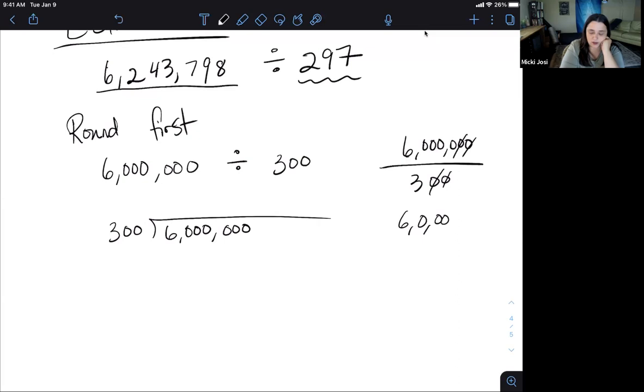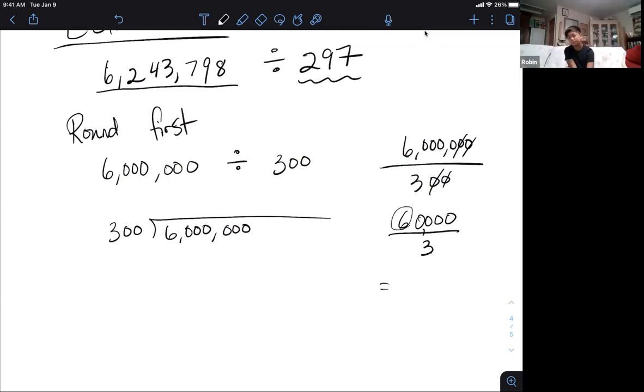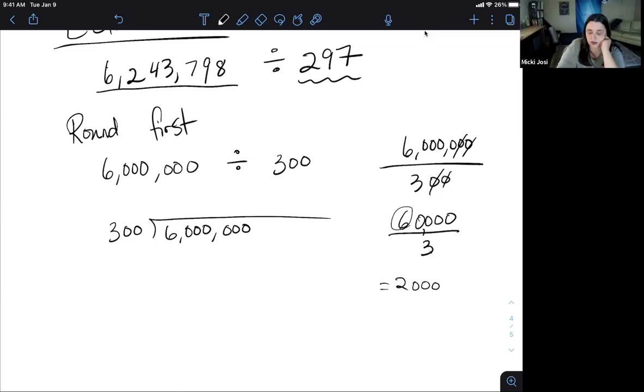Oops, I put the comma in the wrong place, because I have 4 zeros now. So how many times does 3 go into 6? 2. Yeah, and then 3 goes into 0, 0 times, every time. So 20,000.